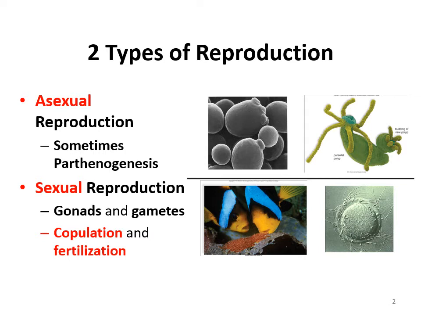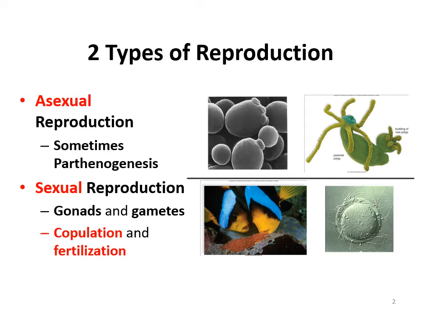And usually because it is one parent, the offspring are identical to that parent and identical to each other. You often see this in budding yeast, or how bacteria can double their DNA and then split in half, so that the original cell and the new daughter offspring are all identical to each other.